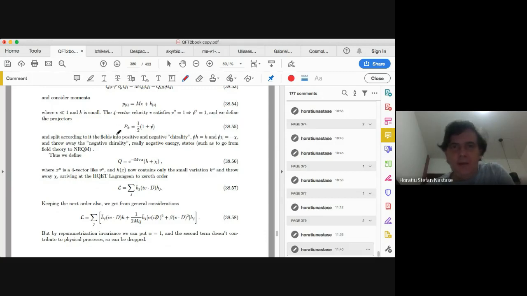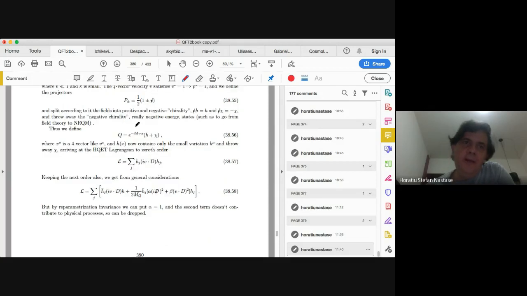And so I can write projectors 1/2 (1 plus minus v slash), with v slash meaning v mu gamma mu, where v mu is the velocity 4-vector. And then I write positive and negative chirality, quote unquote, for the fields, meaning eigenvalue +1 of v slash for h and -1 for chi.